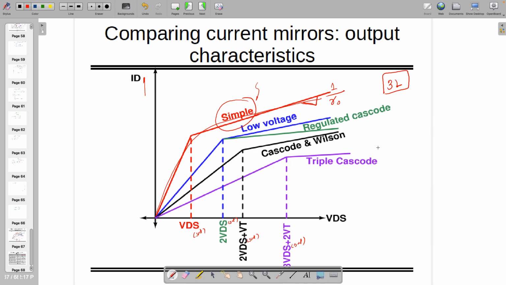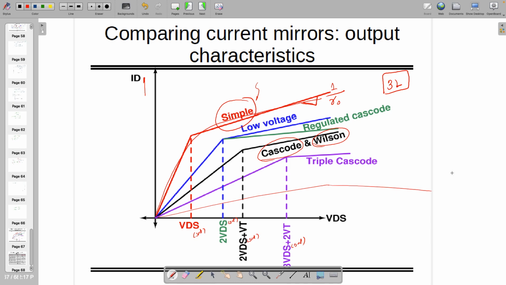If you are using low voltage, or I would say the cascode or Wilson, it is drawn over here like this. However, Wilson has poorer output resistance than cascode, right? Triple cascode has the best one, or if you take more, you can have even better. However, you will not have enough headroom to do that, right?